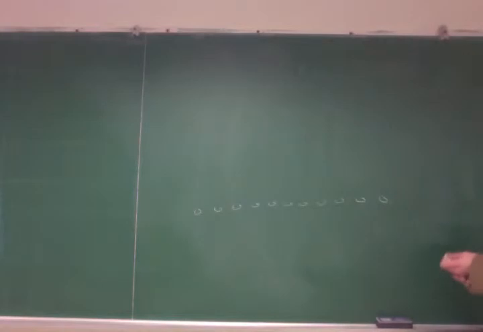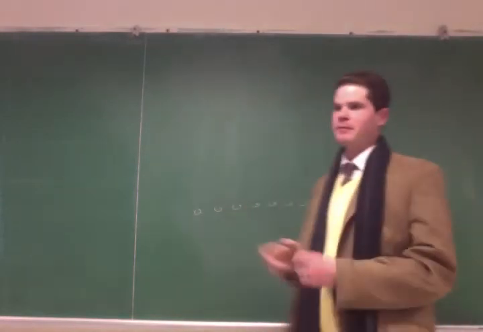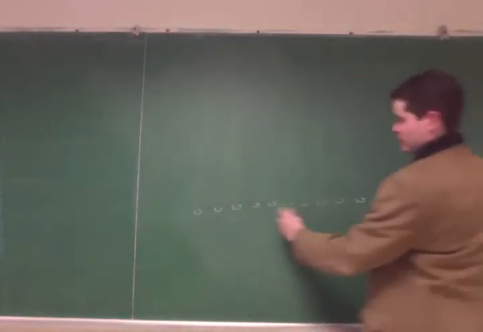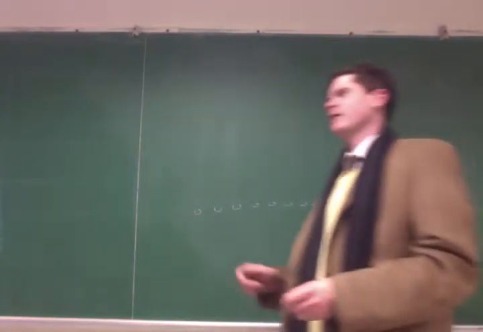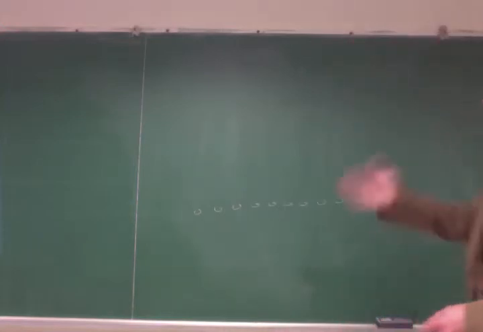So here I have 2, 4, 6, 8, 10, 12 apostles, 12 particulars. So you have 12 particulars, right?